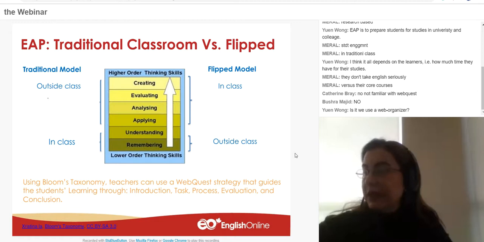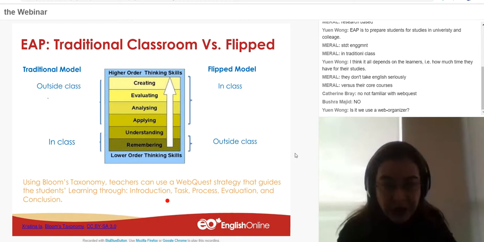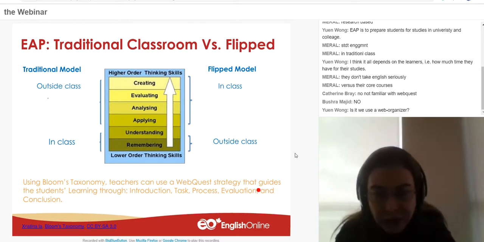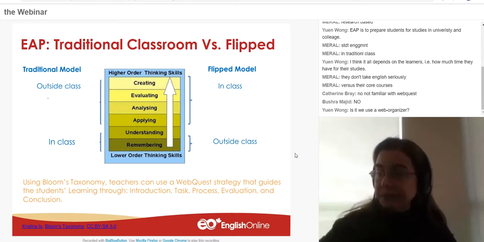So I'll give you an example. There are actually 7 steps. Here I mentioned 4, 1, 2, 3, 4. Yeah, so there are 7 steps. Introduction, where the teacher introduces the information, or the topic that the students need to learn, and prepares students for the activity.